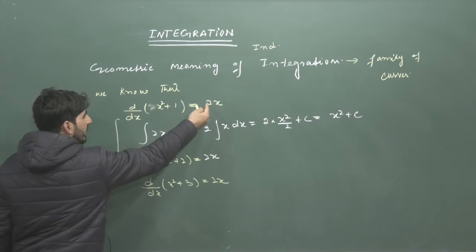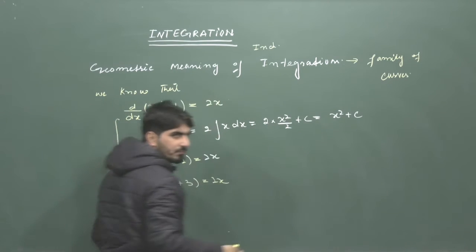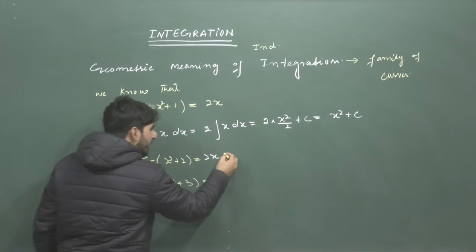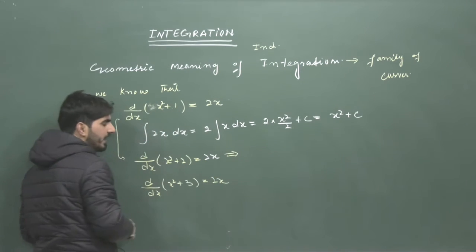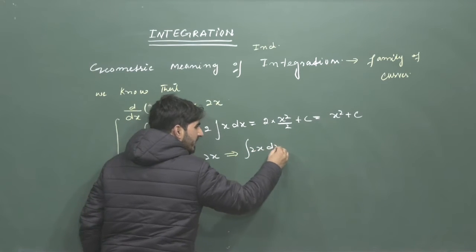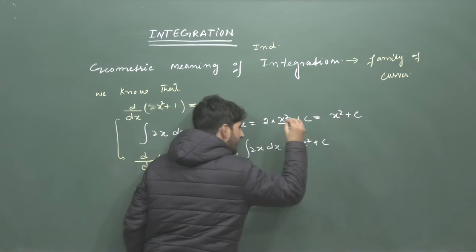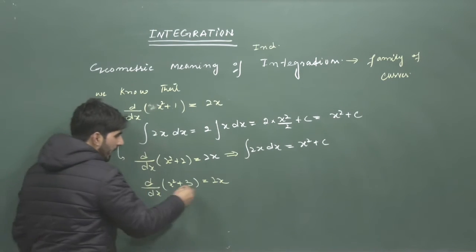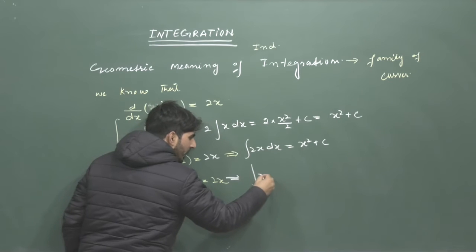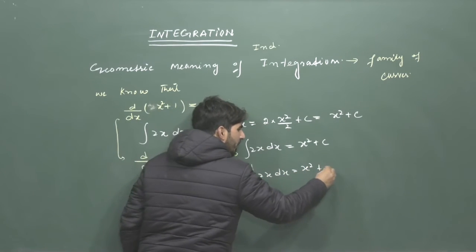Thus we can say integration of 2x dx is x square plus c. Again, integration of 2x dx is x square plus c.